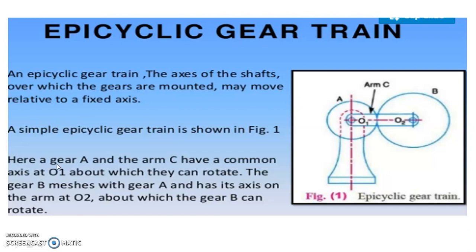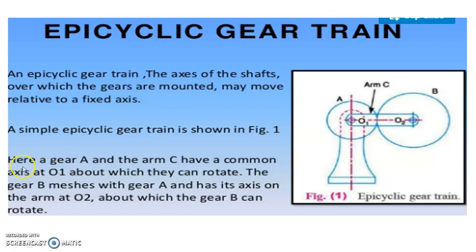Let us revise what is meant by epicyclic gear train. In an epicyclic gear train, the axes of the shafts over which these gears are mounted may move relative to a fixed axis. So these are the two gears here. In this figure you will see the epicyclic gear train.